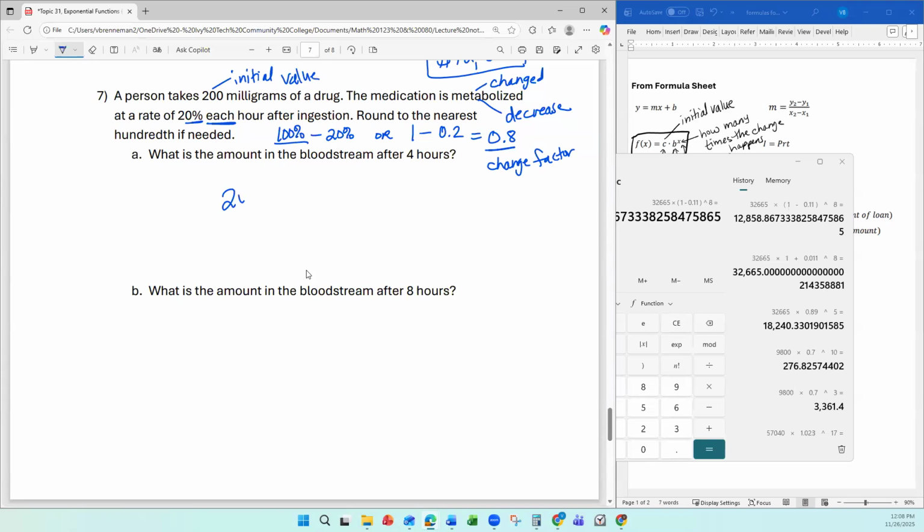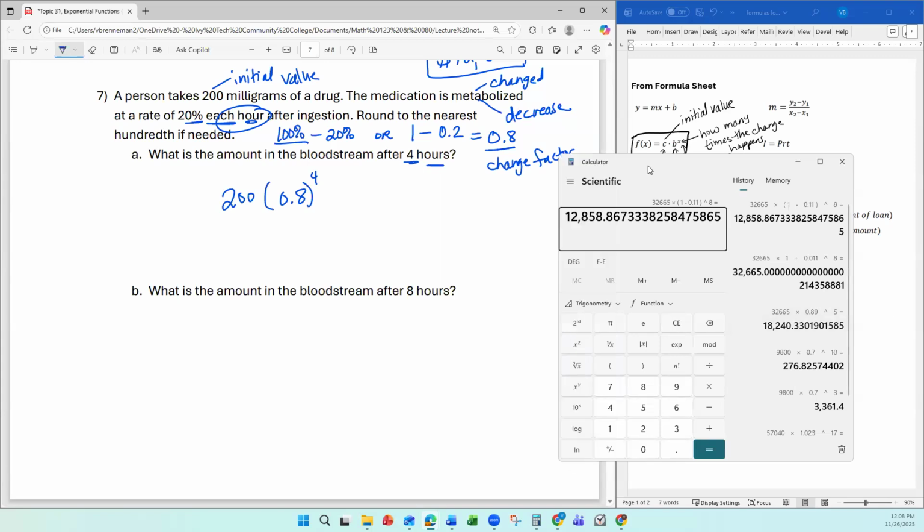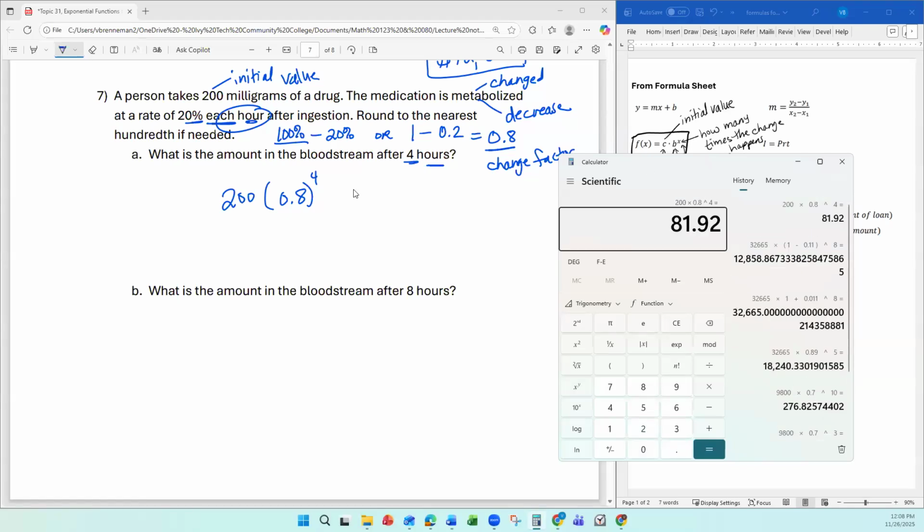So 200 times 0.8 to the 4 hours. It says each hour, and it's 4 hours. Make sure those match up. Then the 20% decrease is happening 4 times in the 4 hours. So 200 times 0.8 to the 4th power, 81.9.